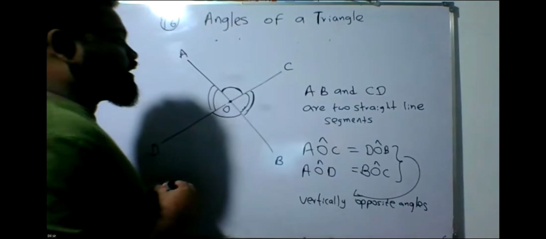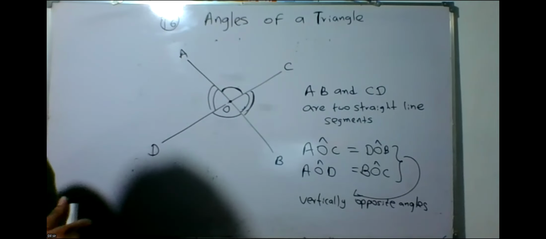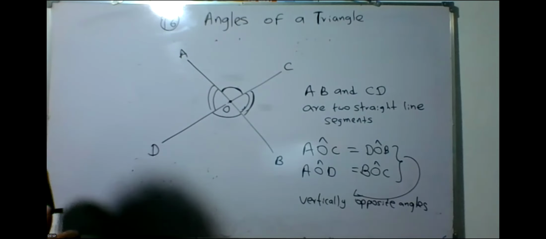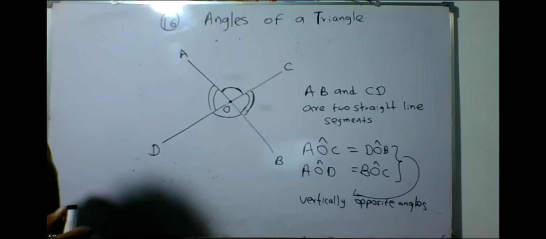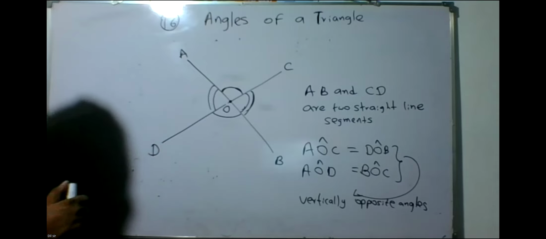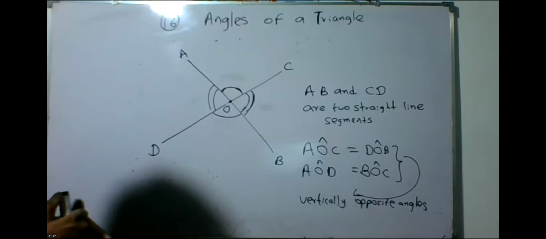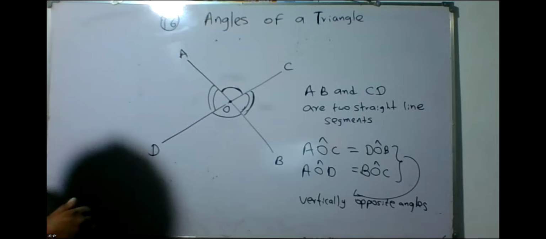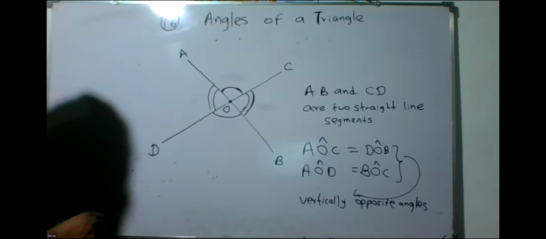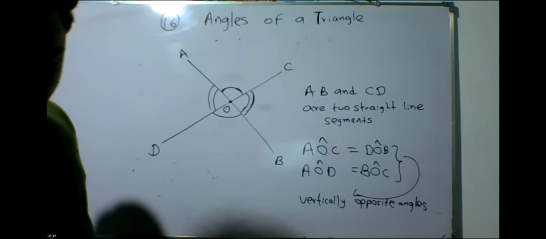If they are not straight lines, vertically opposite angles are not equal. There are no vertically opposite angles if the two lines are not straight lines. Take a screenshot and start to copy this.